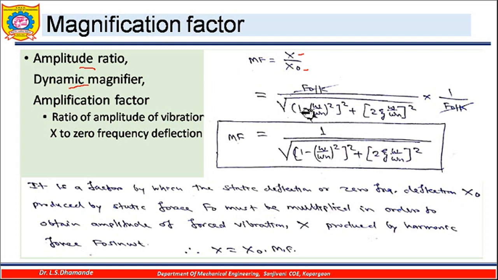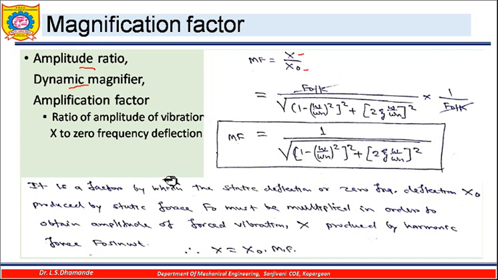Now if I write the value of x, x is equal to F0 by k under root (1 minus r square) bracket square plus (2 zeta r) bracket square. Divided by x0, whose value is F0 by k, so F0 by k by F0 by k gets cancelled out. So the magnification factor is equal to 1 upon under root (1 minus omega by omega n) bracket square plus (2 zeta omega by omega n) bracket square.